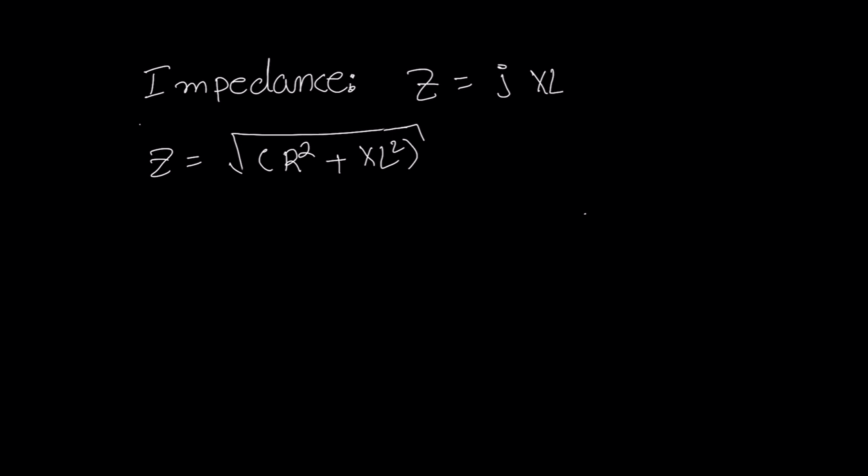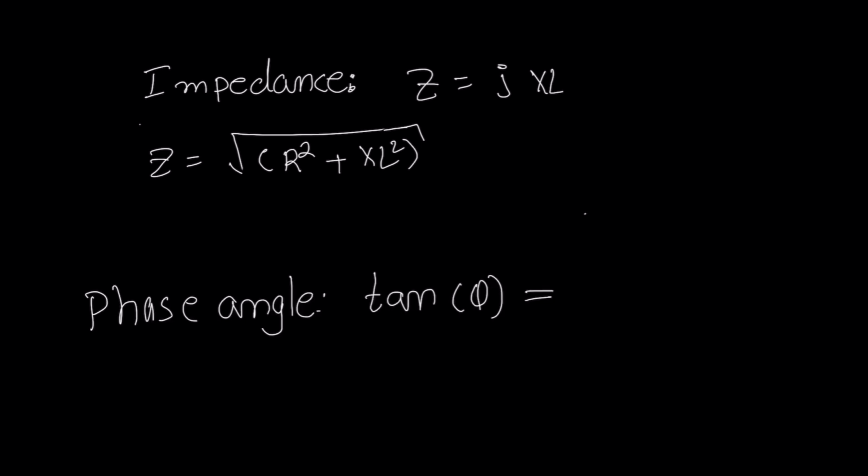If you want to find the actual value using resistance, which is a real part instead of the imaginary part, we can use this formula: Z is equal to the square root of R squared plus XL squared. That will give you the impedance, calculating the real number with the inductance. We already talked about phase angle theta. To find it, we will use tangent. Tangent of theta is equal to inductive reactance over the resistance, and that will give us a real value.